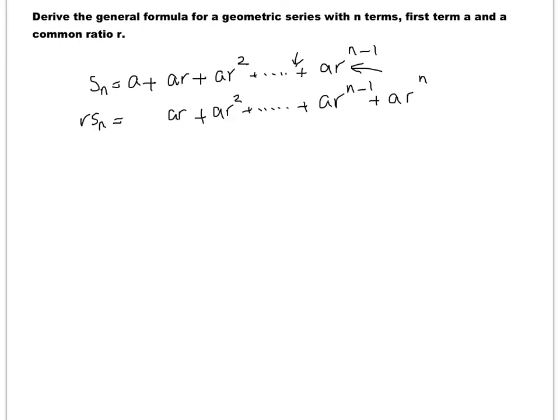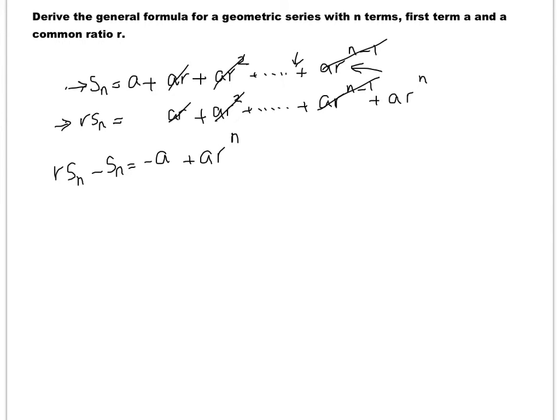Now I'm going to subtract this sum from this sum. So I get r S sub n minus S sub n is equal to, when I subtract, I get minus a. This one cancels with this one, this one cancels with this one, and then I get plus AR exponent n.